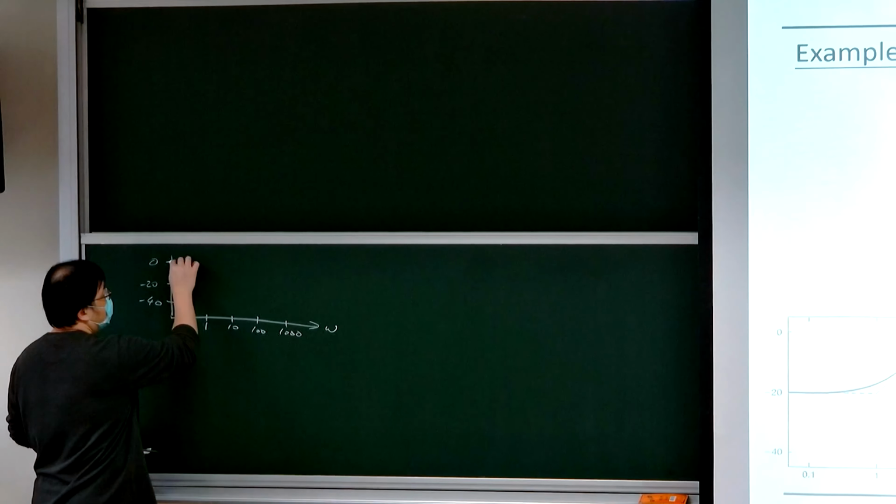Now, what about the third term here? The third term has a break frequency at 1, but it's the reciprocal of the first order. When you have a reciprocal, it's basically minus the log magnitude of the original first order system.